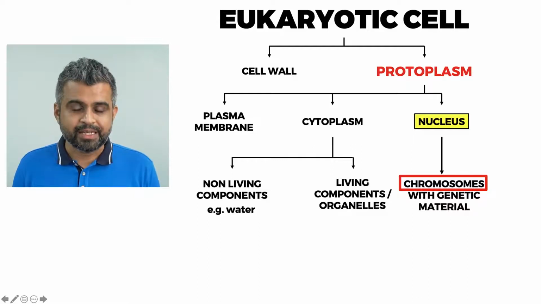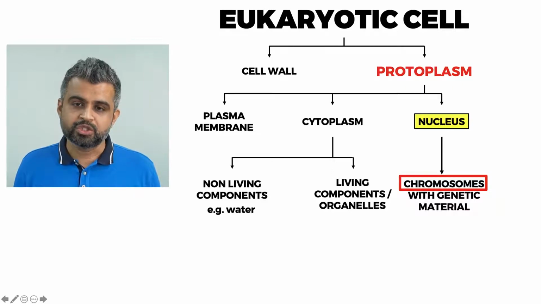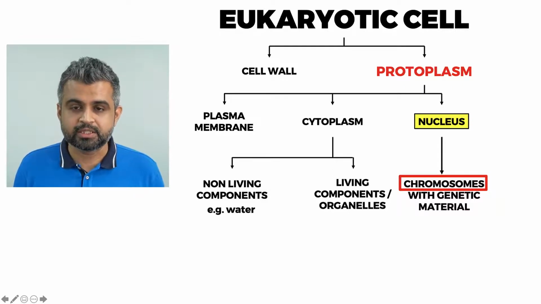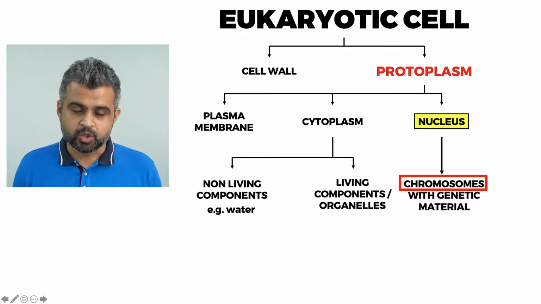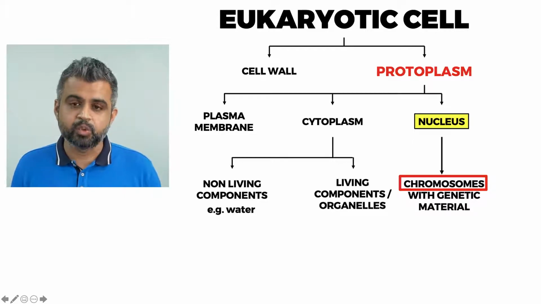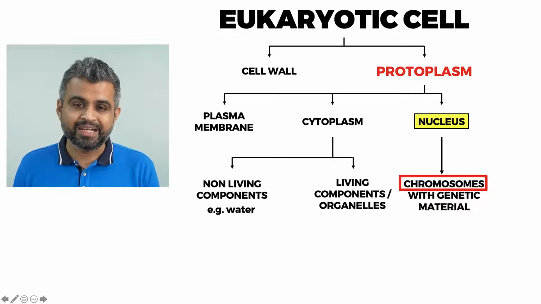Now, I did not teach this to you when we were doing the chapter of cell because you had no idea about chromosomes, packaging of chromosomes, all of which I have explained to you when we did the chapter of cell division. So now that we have finished the chapter of cell division, we can come back to this chapter of cell and finish off details regarding the chromosomes.